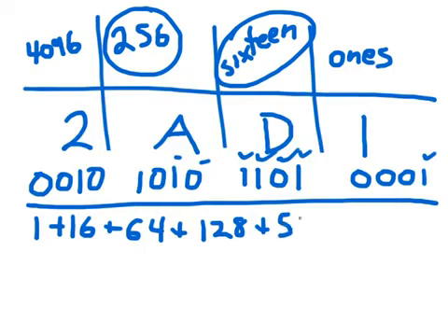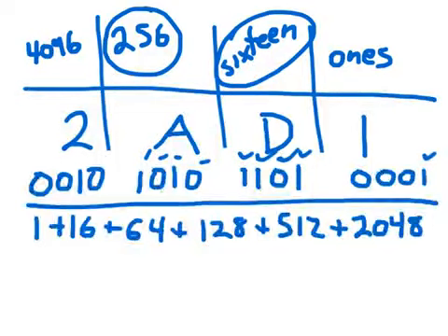A 1 in the 512's place. Nothing in the 1024. And then a 1 in the 2048 place. Nothing in the 4096 place. And then we have a 1 in the 8192 place.